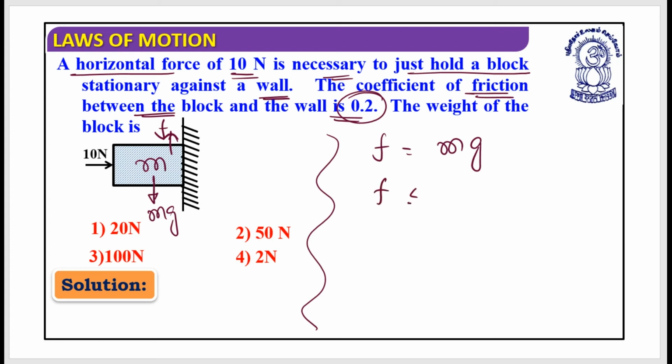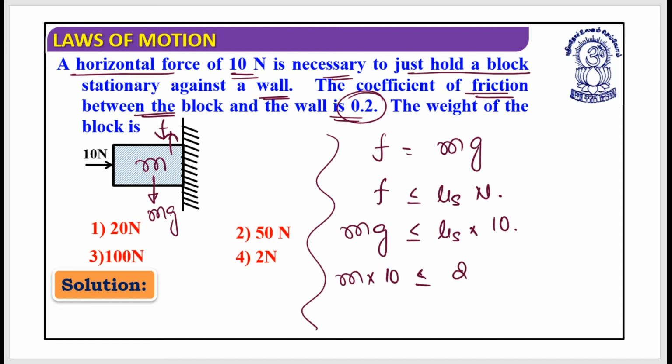So we can have F less than or equal to mu s into N. So mg should be less than or equal to mu s multiplied by F, that F applied is the 10. So m multiplied by 10 should be less than or equal to mu s, which is 2 by 10, multiplied by 10.